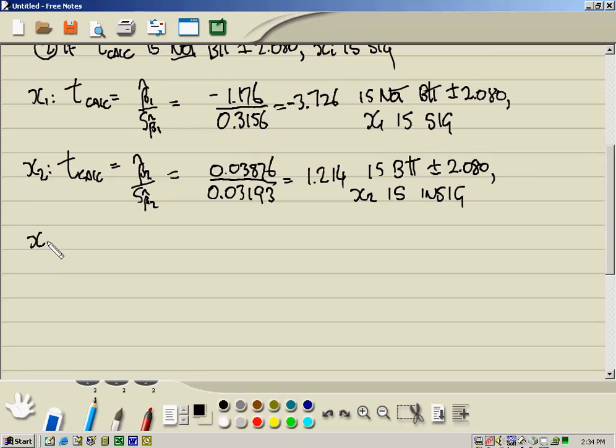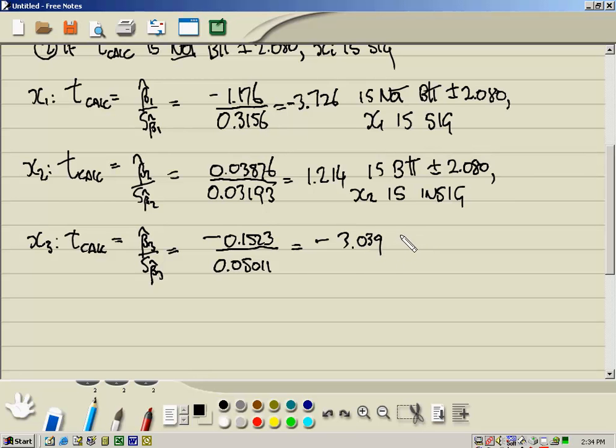And then finally, for x3, t-calc is beta hat 3 divided by s beta hat 3, and beta hat 3 is negative 0.1523 divided by standard error of 0.05011, and that's a negative 3.039, and that, again, just like the first variable, is not between the critical values of plus and minus 2.080, so that beta hat 3 is sufficiently far enough away from 0, so x3 is significant.